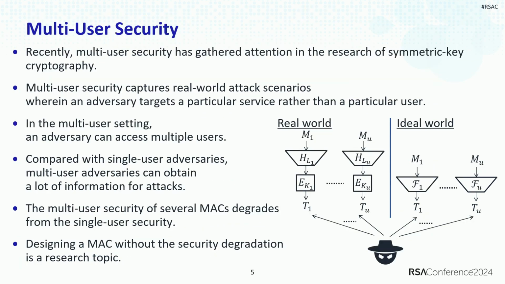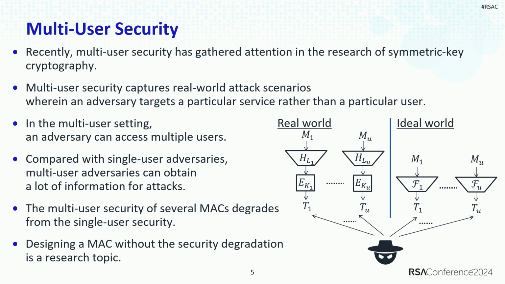Recently, multi-user security has gained attention in the research of symmetric key cryptography. Multi-user security captures real-world attack scenarios where the adversary targets a particular service rather than a particular user. So in the multi-user setting, the adversary can access multiple users, as in this figure, which shows the multi-user PRF security game.